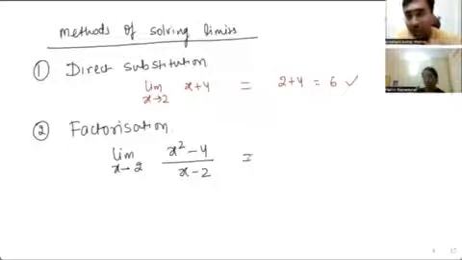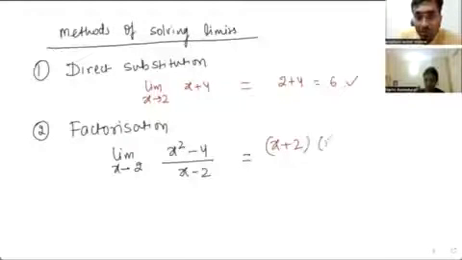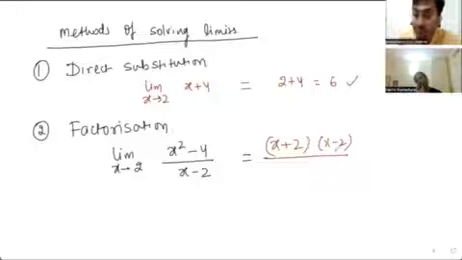Now here you cannot directly substitute, so we have to first factorize x square minus 4. That is going to be x plus 2 times x minus 2, because if you put 2 directly, it will be 0 over 0, and 0 over 0 is an indeterminate form.